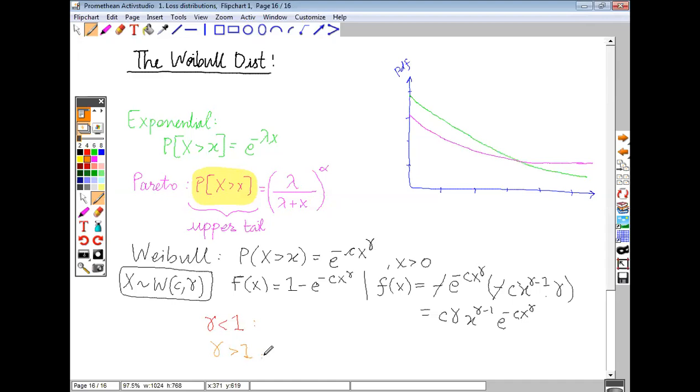So what do you think will happen in both of these cases? So again, here I'm comparing e raised to minus cx raised to gamma with e raised to minus lambda x. And here again, I'm comparing the same thing. So do you think there should be a greater than, less than, or equal to sign in both of these cases? What do you guys think?